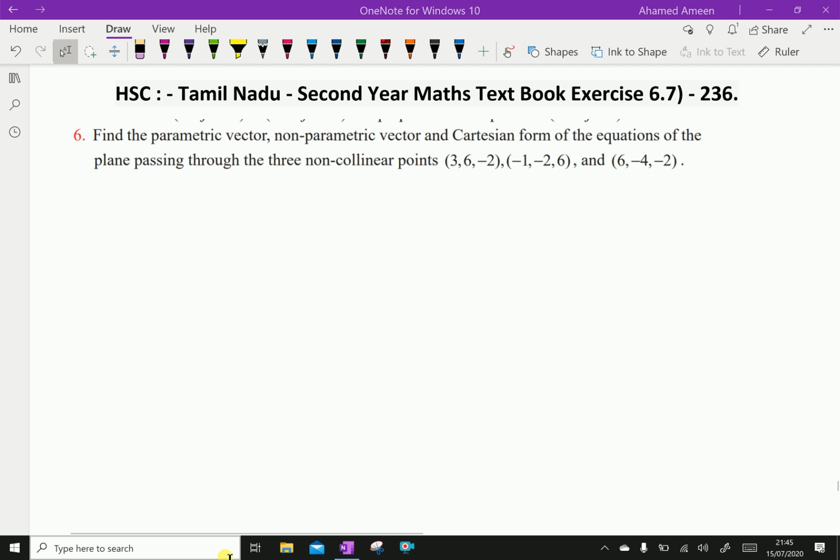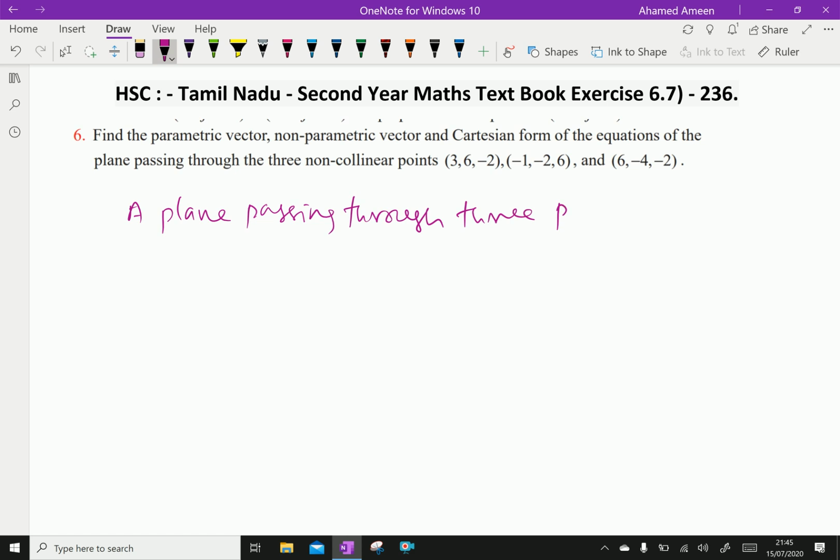Here, a plane passing through three points.